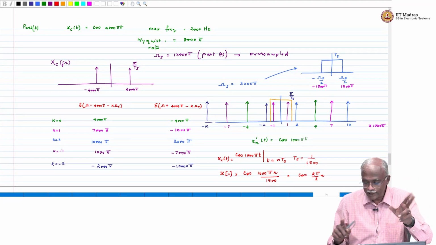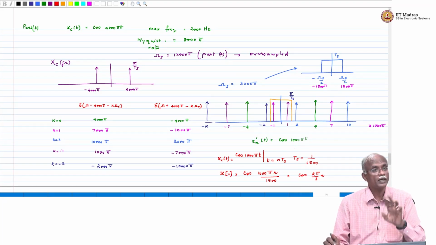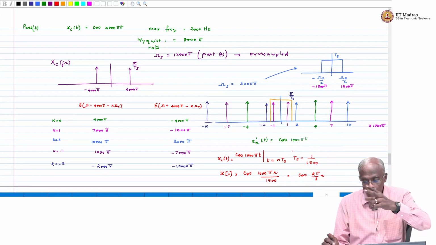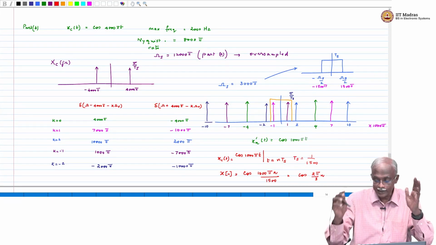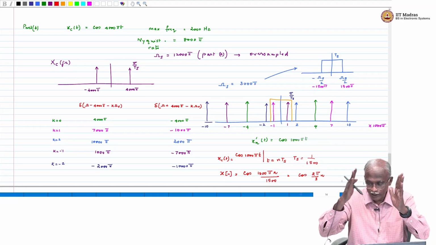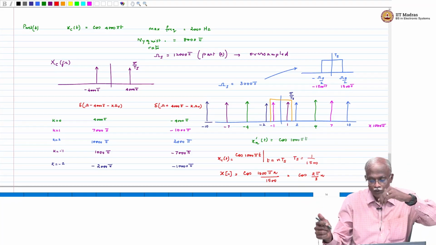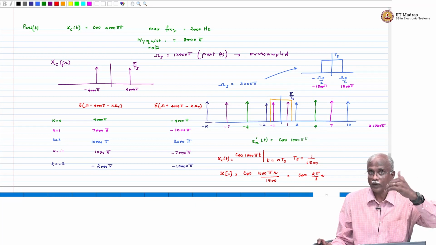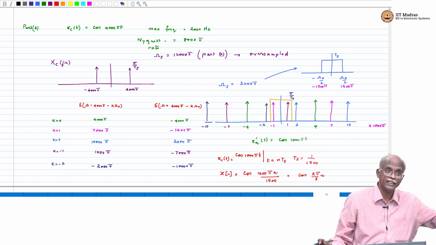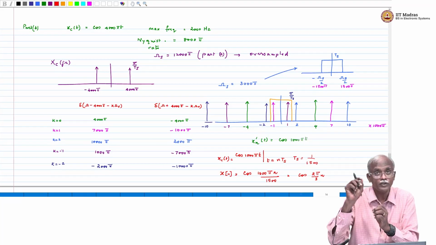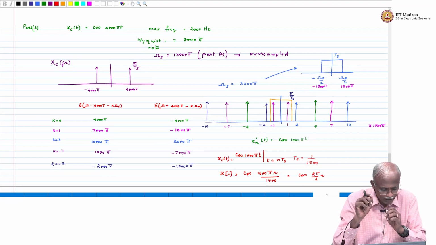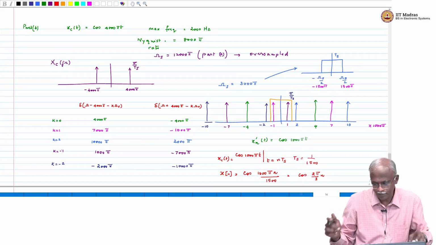If you change the sampling rate, as we have done in this particular example, the same discrete time signal, cosine 2 pi by 3 n, gives you cosine 1000 pi t in one case and cosine 4000 pi t in another case. So the sampling period is extremely important.